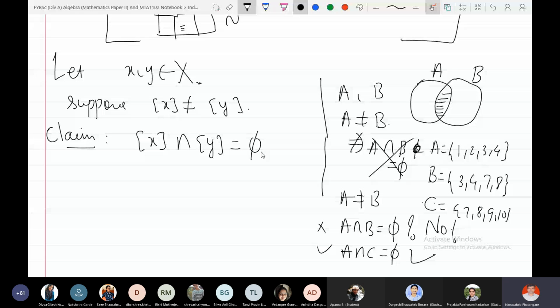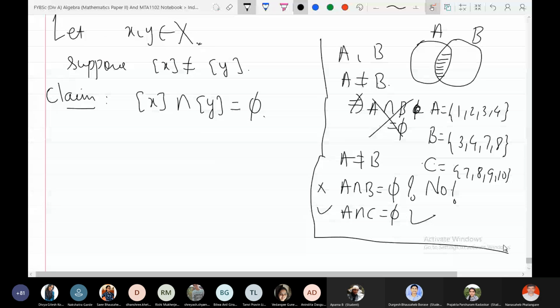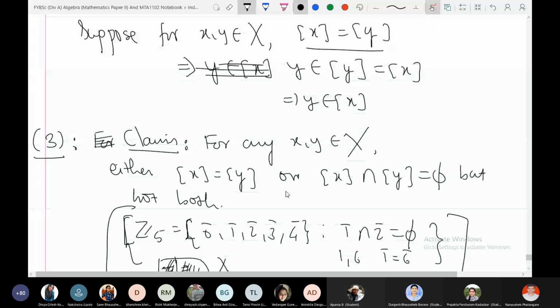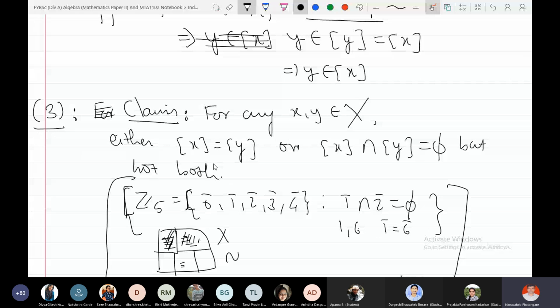Do you understand what I want to say? Yes, sir. Right, because what we want to prove is that two classes are either equal or disjoint. That means if two classes are not equal, exactly one of these conditions holds, this or this.